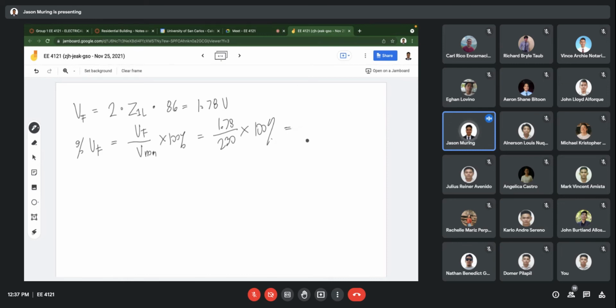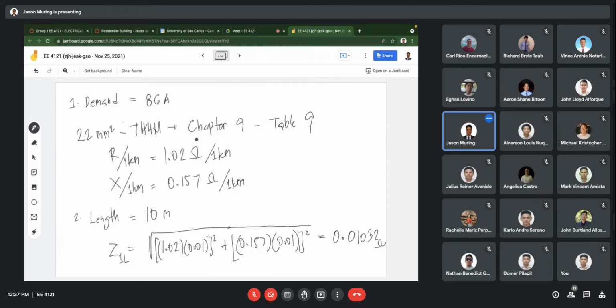So I have 0.77%. That is very much within the maximum limit of the National Electrical Code, which is 3%. Therefore, this is good enough, so we can actually use this 22 mm squared THHN.